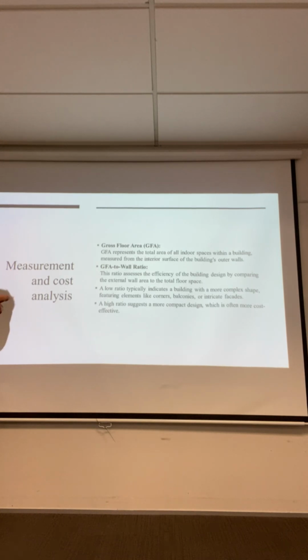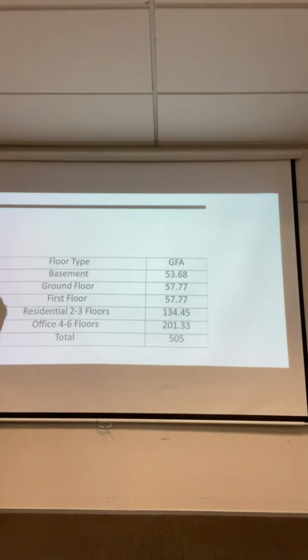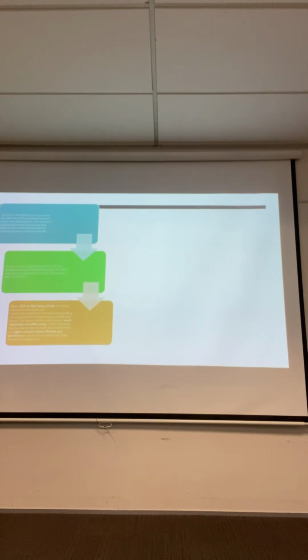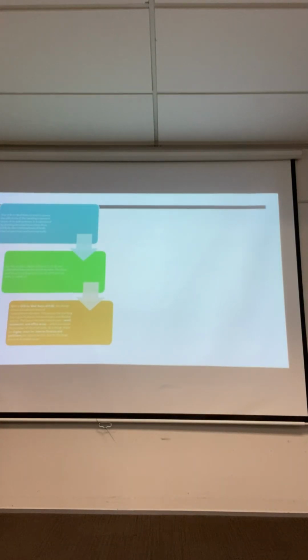The next slide. These are the gross floor area. The gross floor area to wall ratio is used to assess the efficiency of the building's layout in terms of its wall surfaces. It is calculated by dividing the total gross floor area by the combined area of both internal partitions and external walls.